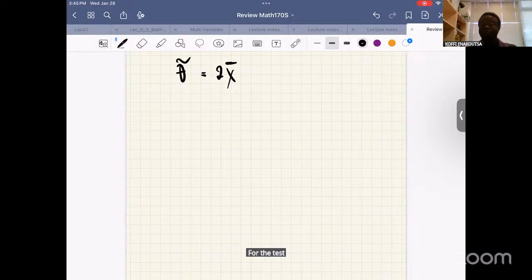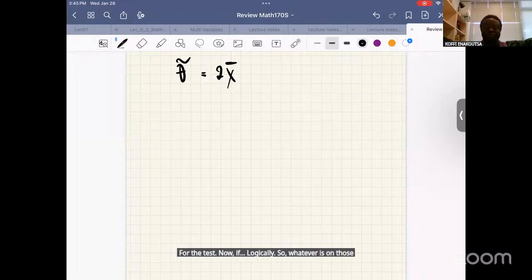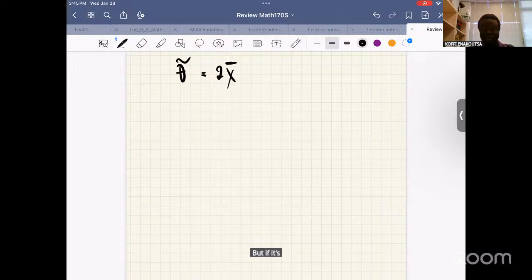Now, if whatever is on those tests exceeds topic 6.0 up to 6.4, then just cross those questions out. But if it includes anything that we've done in 6.0 to 6.4, then it has the potential. So not that assignment, but the topic is good for training purpose. That's what I said. So again, the study guide is not a predictor of what the test looks like. You're just training, doing assignments.